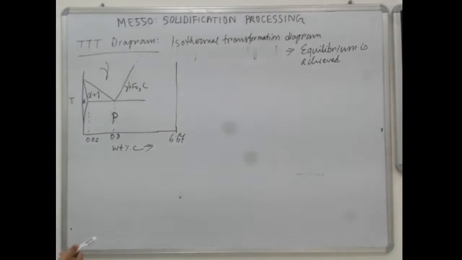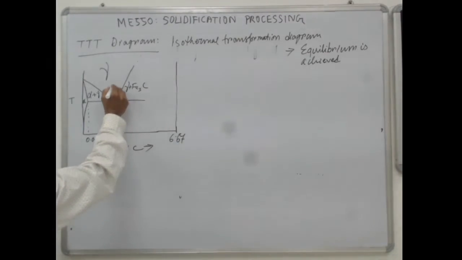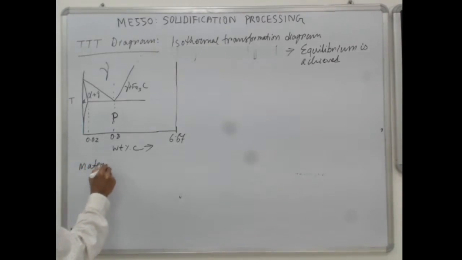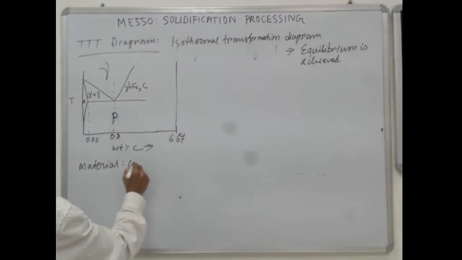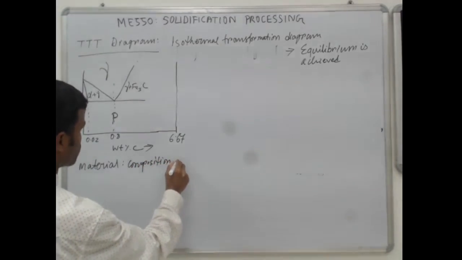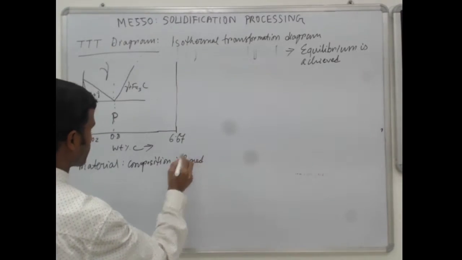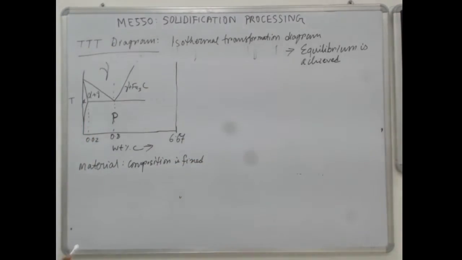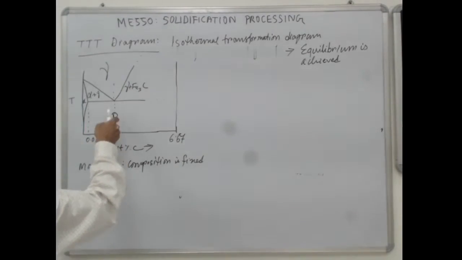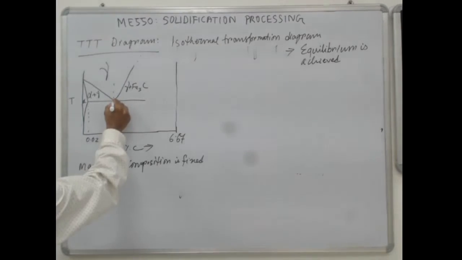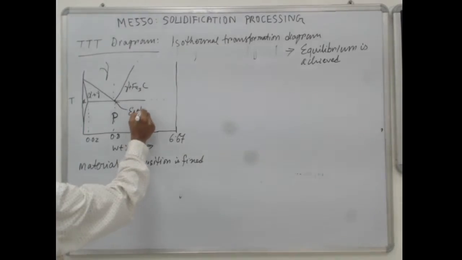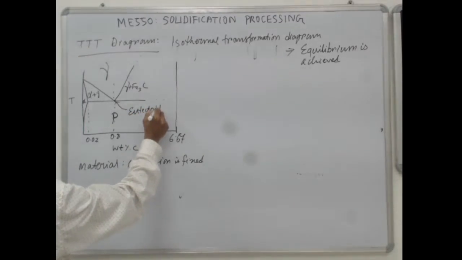So suppose you have a material, the moment you have a material, the composition is fixed. Here it is 0.8% carbon, eutectoid steel. So this is called eutectoid. This temperature is called eutectoid temperature.